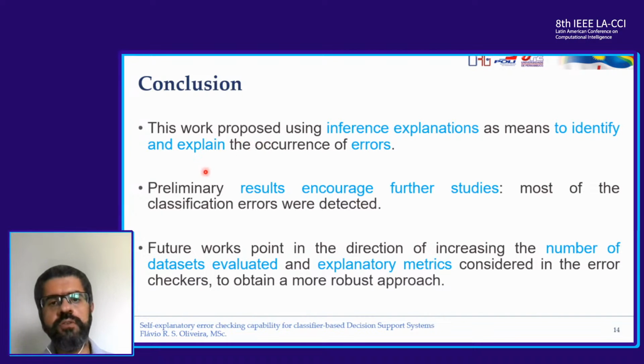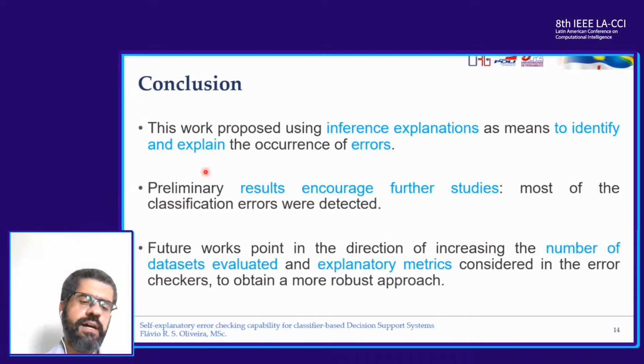These preliminary results encourage further studies, and the high point I would say is that even using just 3 explanatory metrics, we could detect most of the classification errors, at least for these data sets and for these specific experiments. And finally, the future work.